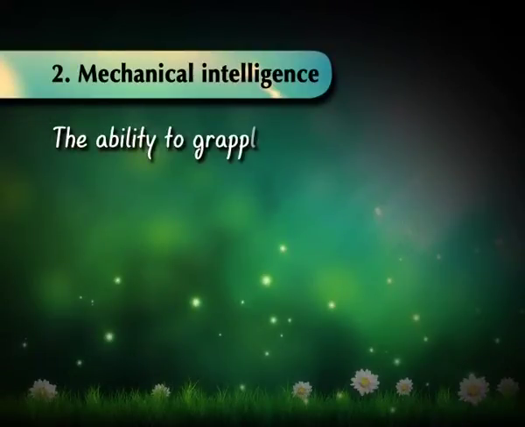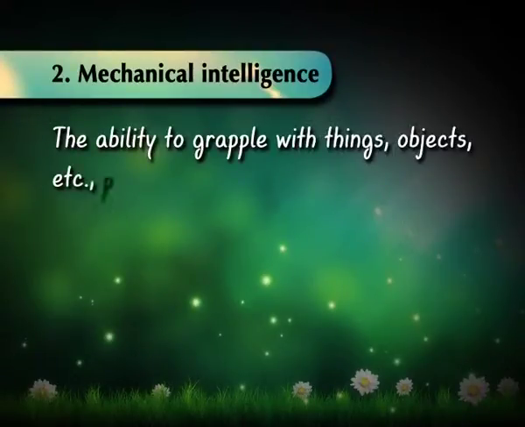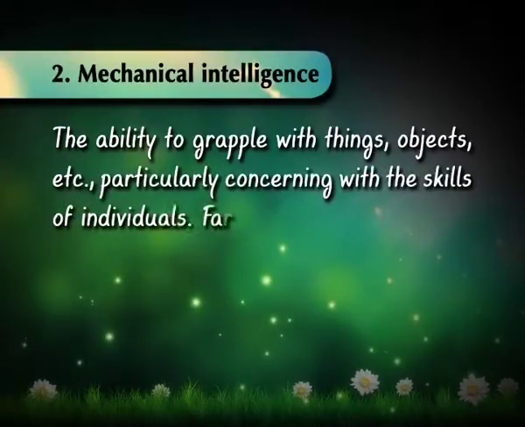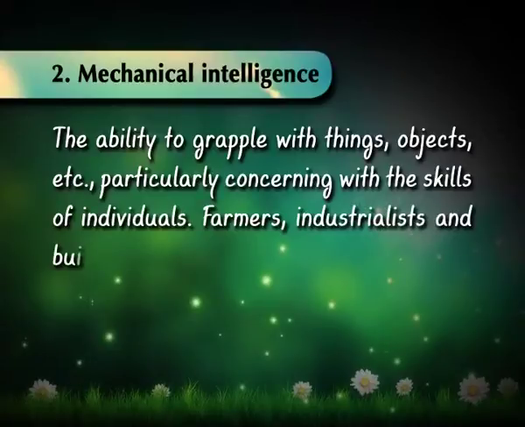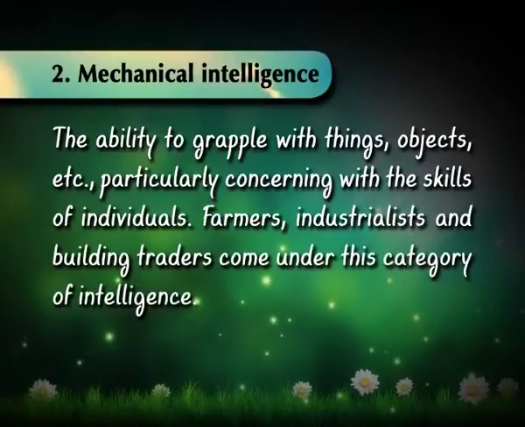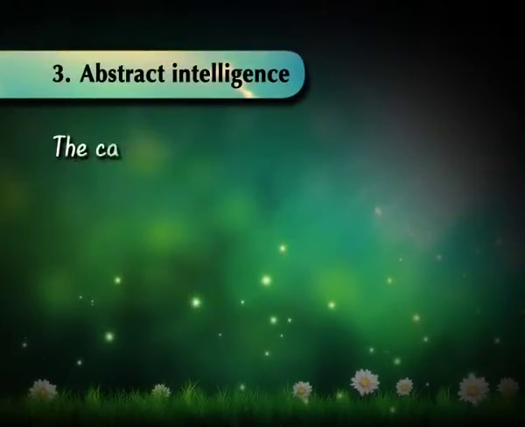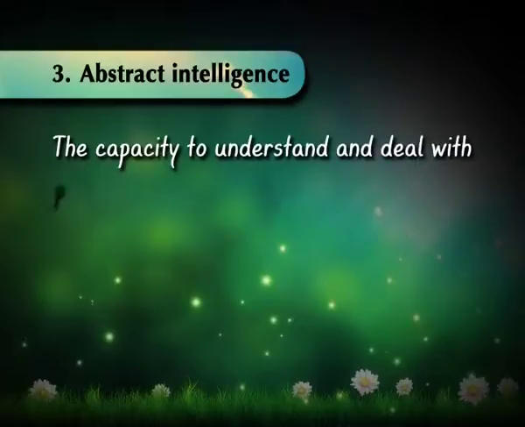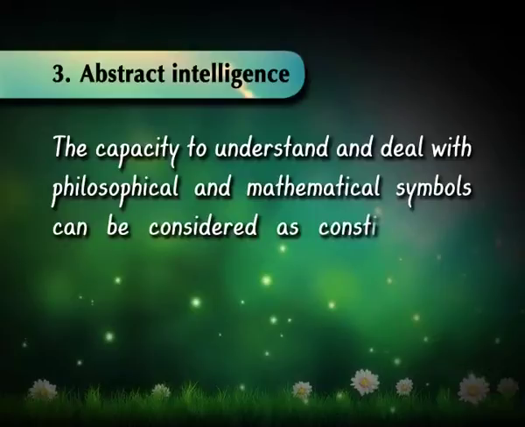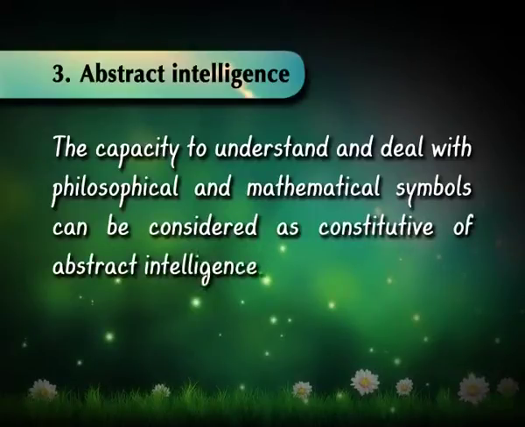The ability to grapple with things, objects, etc., particularly concerning the skills of individuals. Farmers, industrialists, and building traders come under this category of intelligence. And third, abstract intelligence. The capacity to understand and deal with philosophical and mathematical symbols can be considered as constitutive of abstract intelligence.